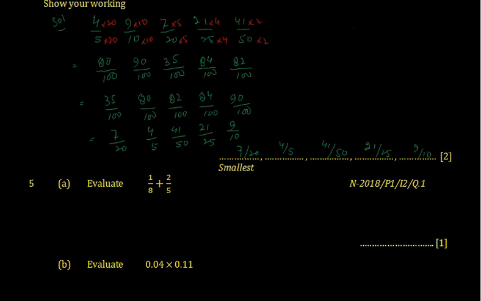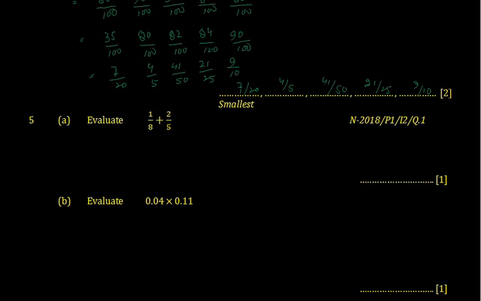Now the other question is also November 2018 paper 1, question number 1. It is to be evaluated. So here we have to take the LCM or make the denominators the same.